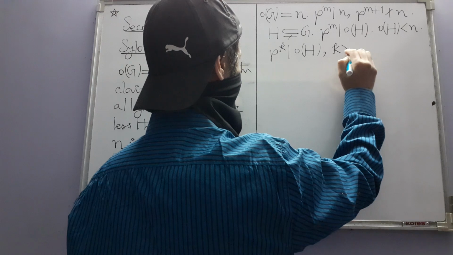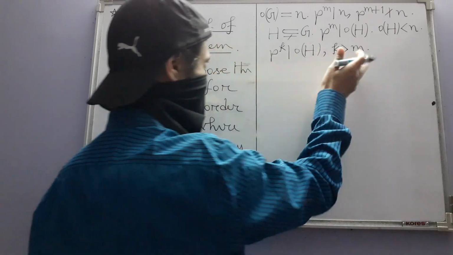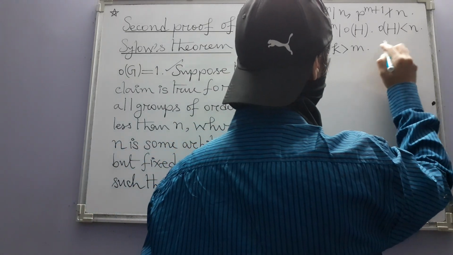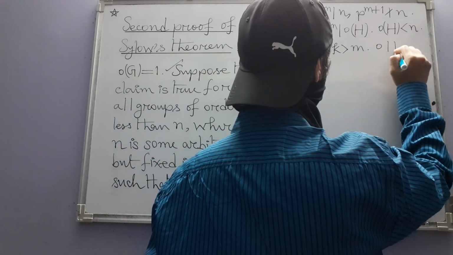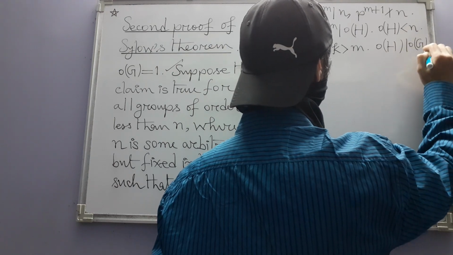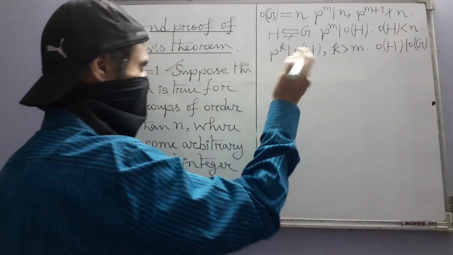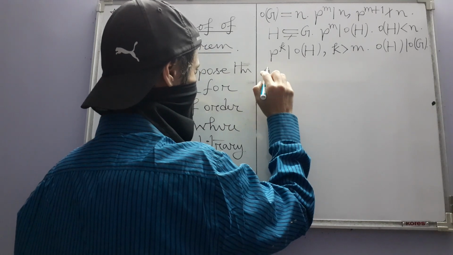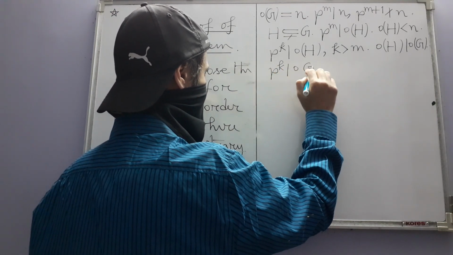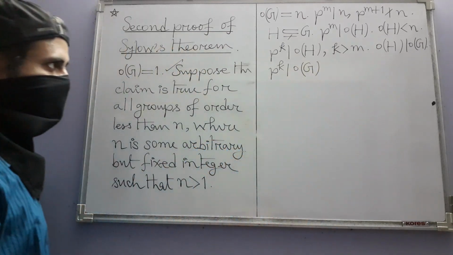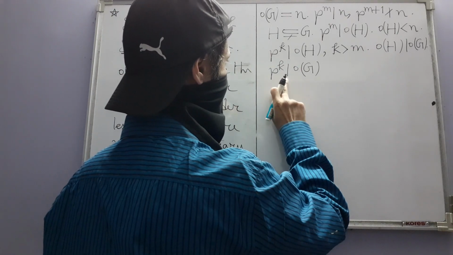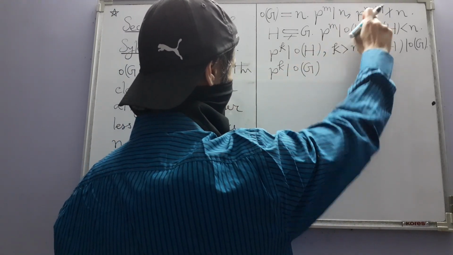For some k greater than m, suppose P to the power k divides the order of H. But from Lagrange's theorem, we know that the order of H must divide the order of G. So, by transitivity of divisibility, P to the power k divides n. However, this is a problem because it contradicts our condition. Why?